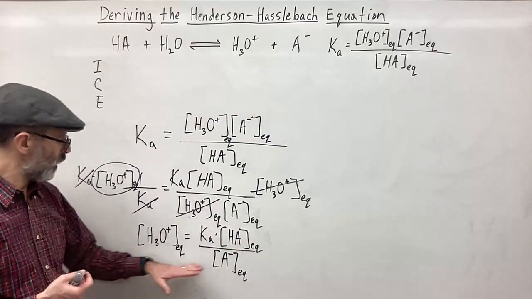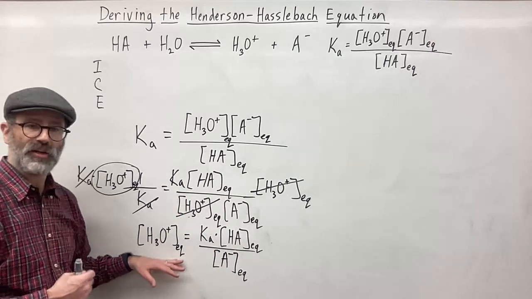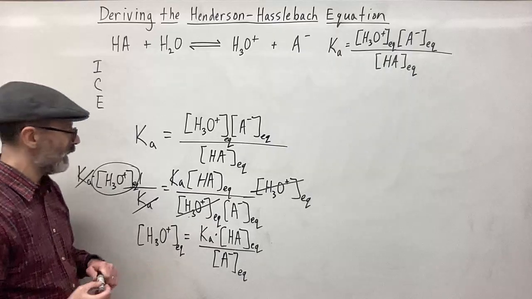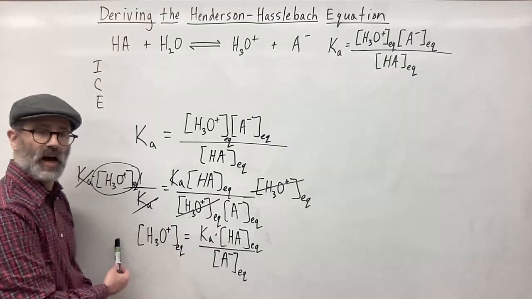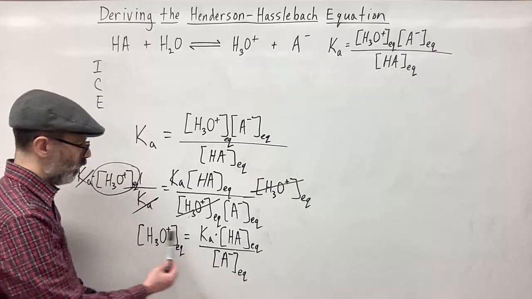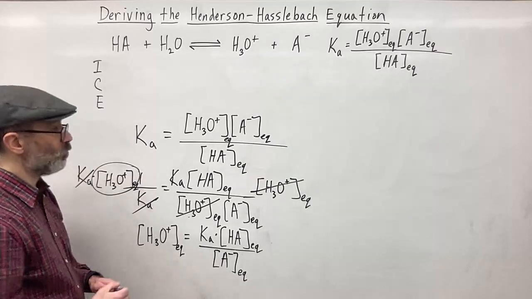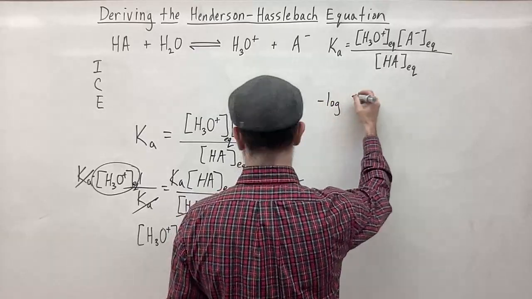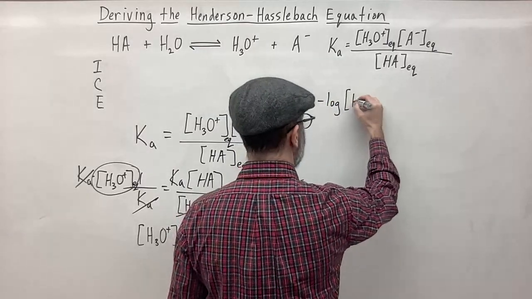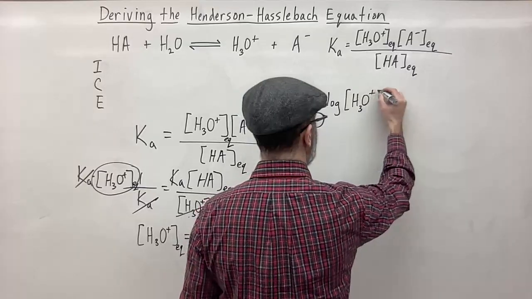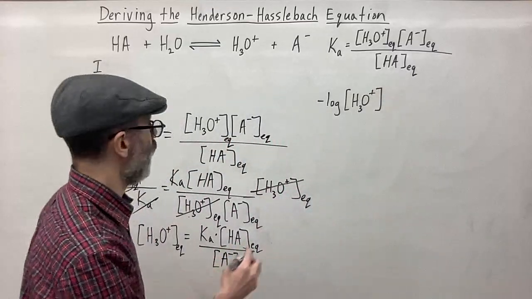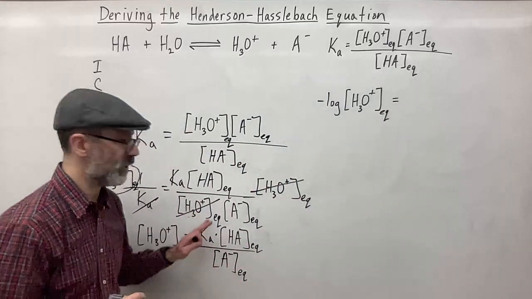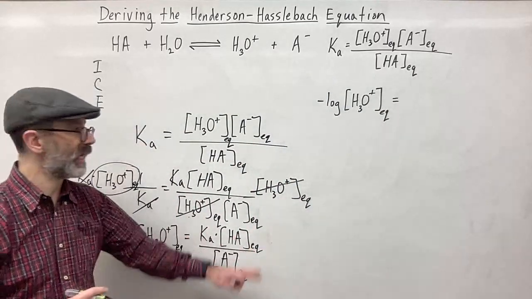Okay, so now I've manipulated my equation to get this here. So I used algebra to rearrange the equation. Now that I have it in the way that I want it, I'm going to take the negative log of both sides. So now I have the negative log of the H3O+ concentration at equilibrium, and that's going to be equal to the negative log of this huge thing here.